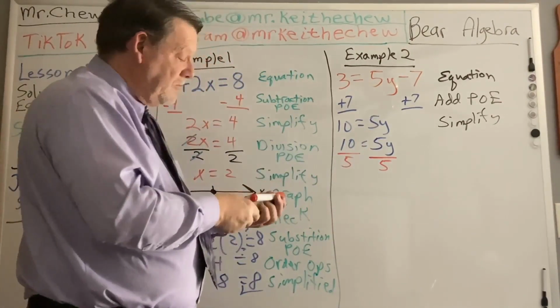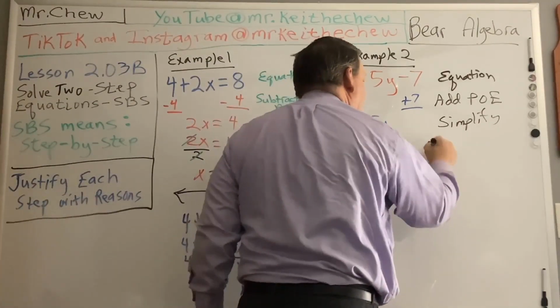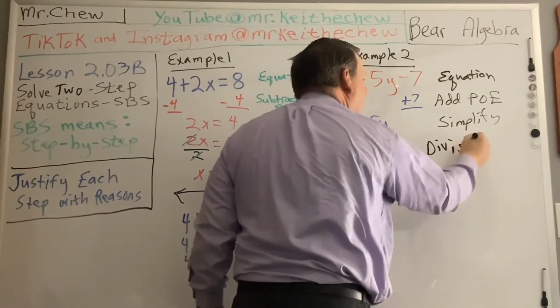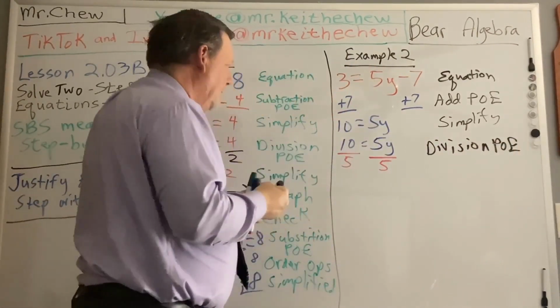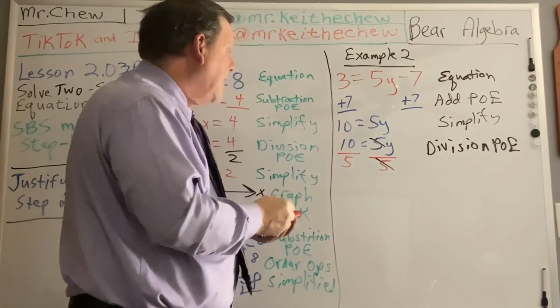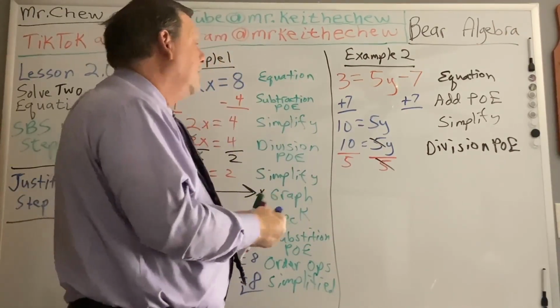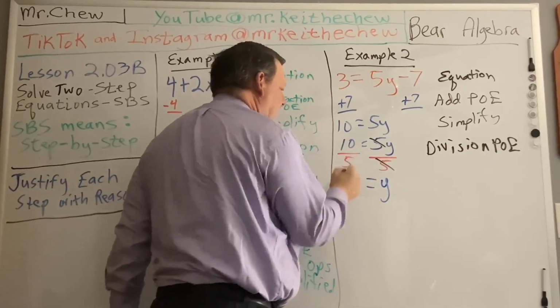Well, what did I do here? I divided. It's called the division property of equality. Now, I would always tell those students, since 5 over 5 is 1, I can cancel out that common factor, and 10 divided by 5 is 2.